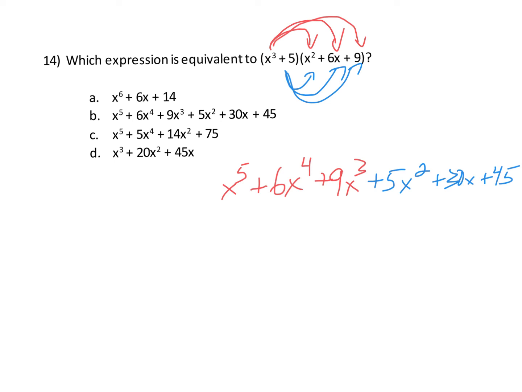All right, got a lot going on here, but what we're looking for is any like bases and like exponents. But you'll notice that we actually don't have any. We have an x to the fifth, x to the fourth, x to the third, x squared, x to the 1, and then our constant. So we do not have any terms here that can be combined. So this would be your final answer.